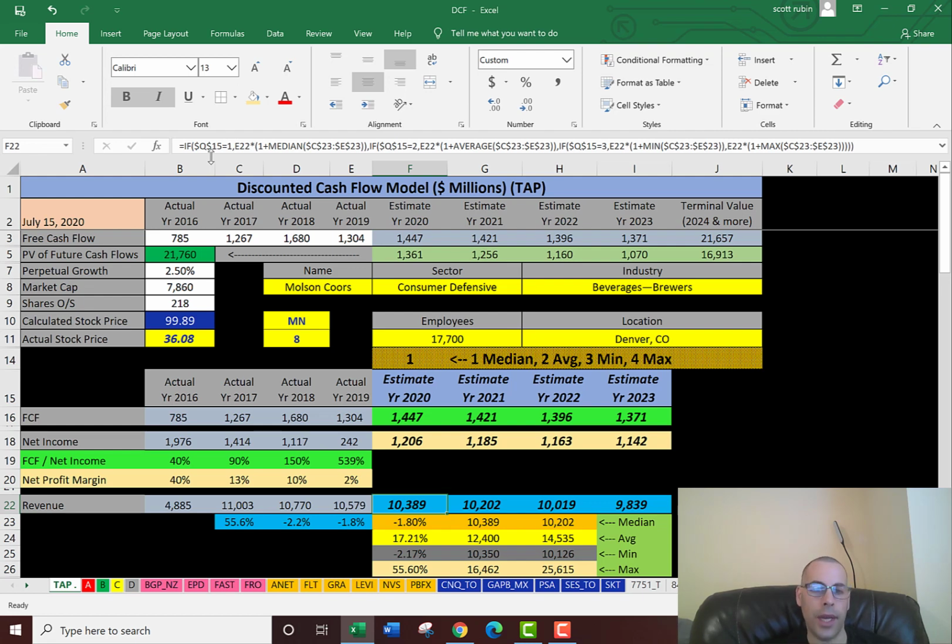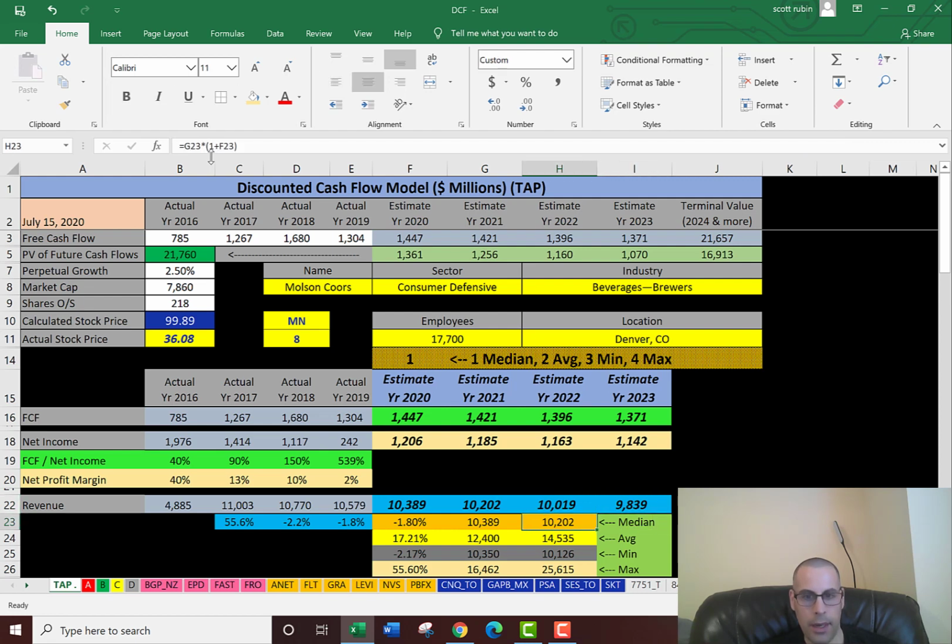So I'm assuming the change is negative 1.8% each year. And you can see that's the change. Same thing here. This formula, you see it matches 10.2 billion. So it's 10.4 billion times 1 plus the median.